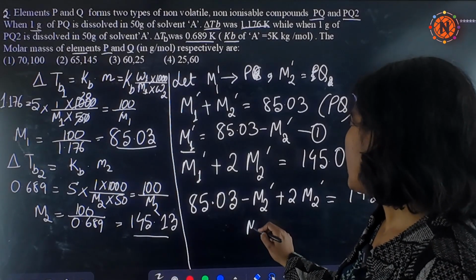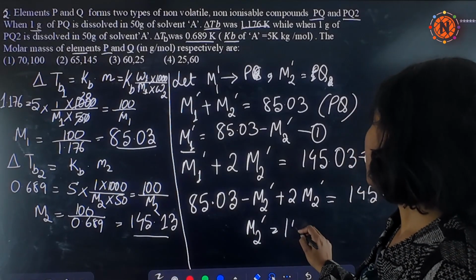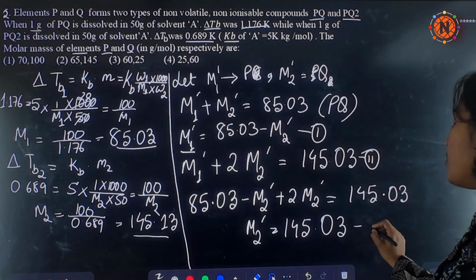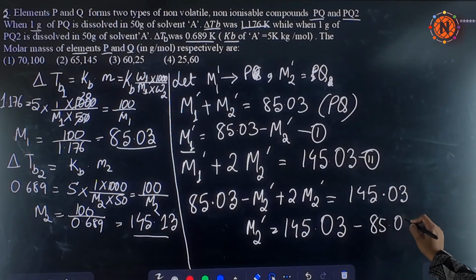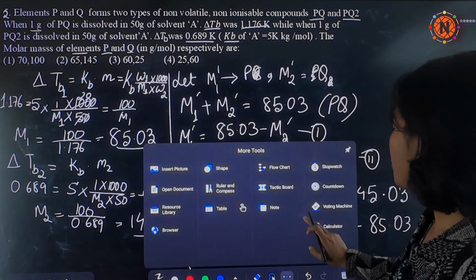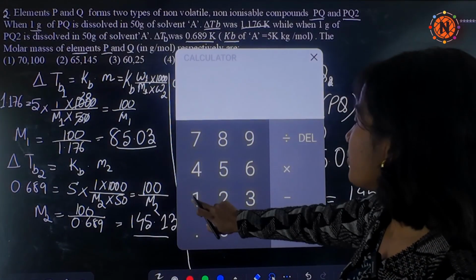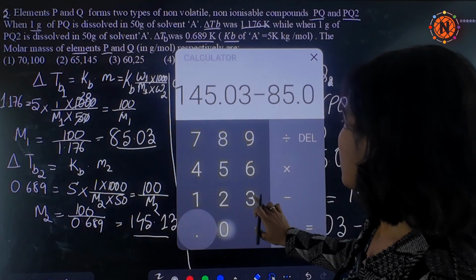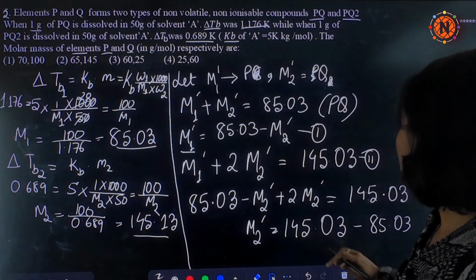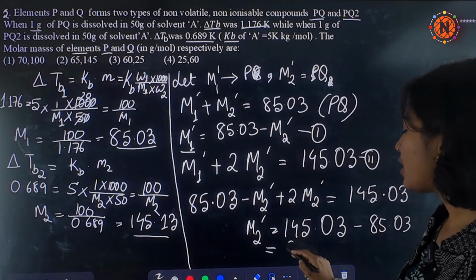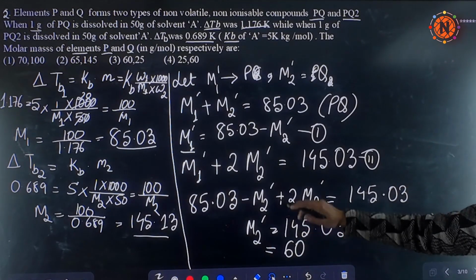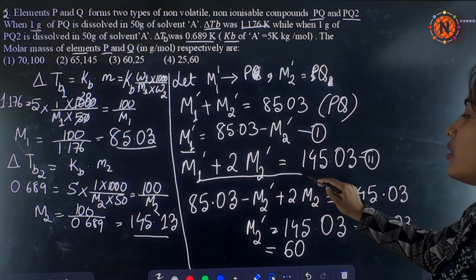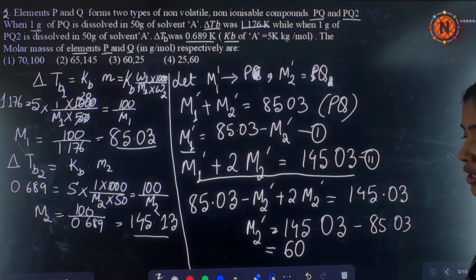So here M2 dash will be the subtraction of 145.03 minus 85.03. If you want to find the answer, it is showing us 60. Okay, so we have found the molar mass of Q by using equation number 2.